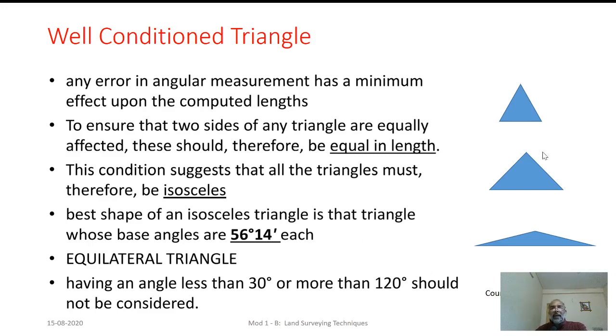So here, any triangle in which the included angle is less than 30 degrees or more than 120 degrees should not be considered in order to form it as part of the triangulation network. So any triangle which does not have its included angle less than 30 degrees or more than 120 degrees will be treated as a well-conditioned triangle as far as a surveying network is concerned.